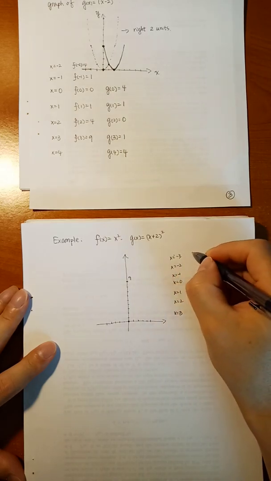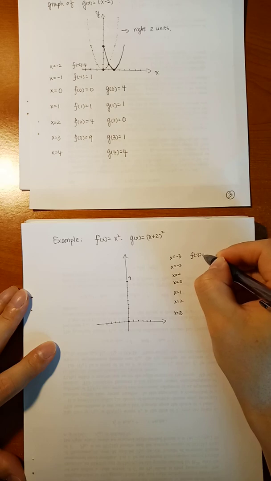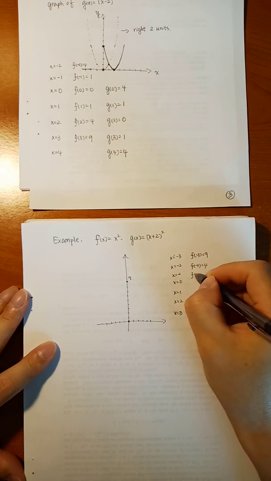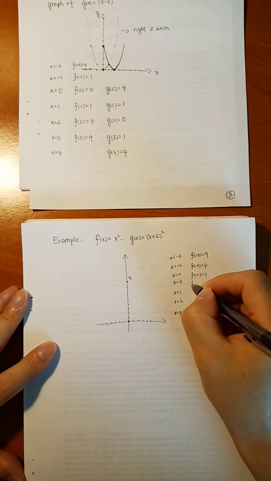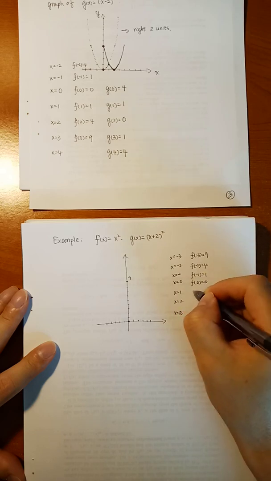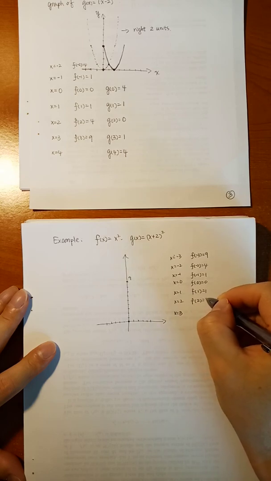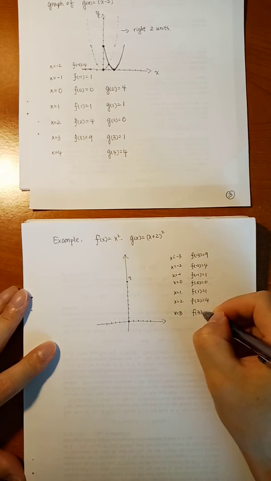F of negative 3 is 9, f of negative 2 is 4, f of negative 1 is 1, f of 0 is 0, f of 1 is 1, f of 2 is 4, f of 3 is 9.